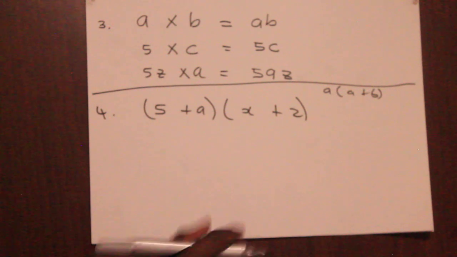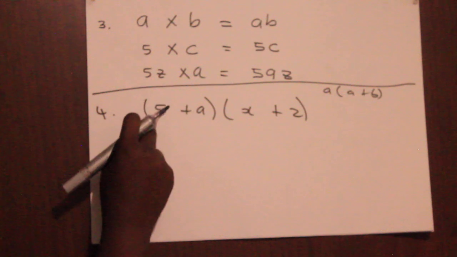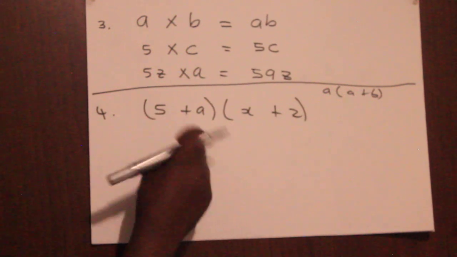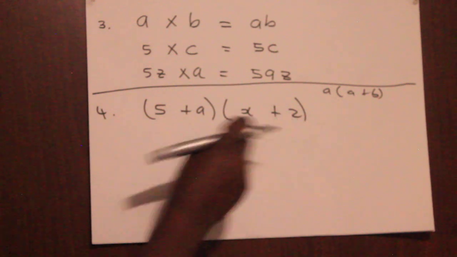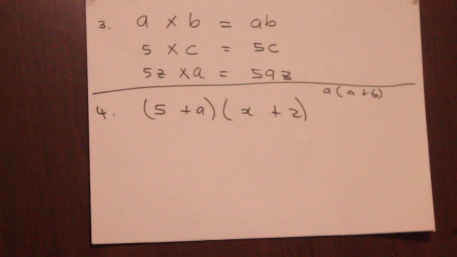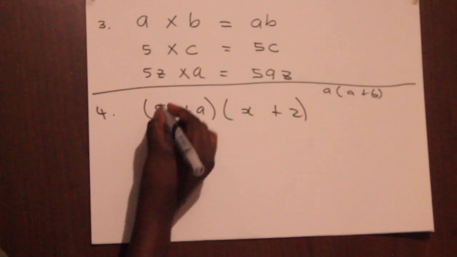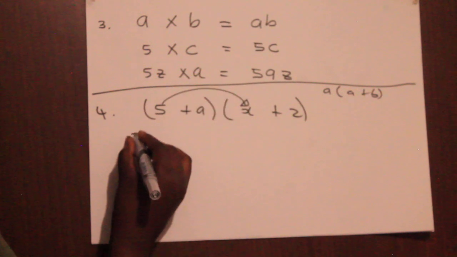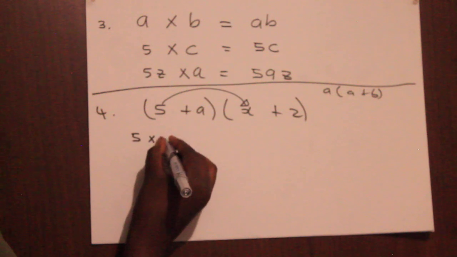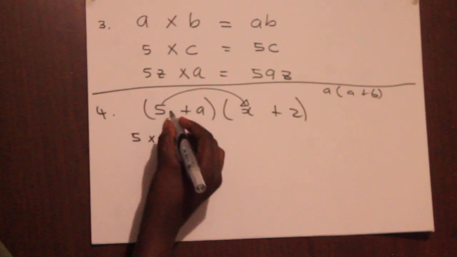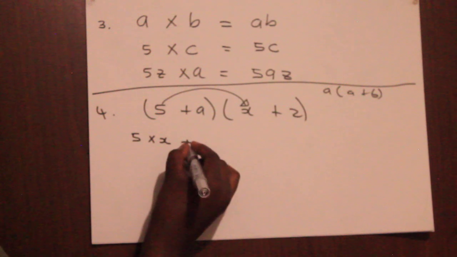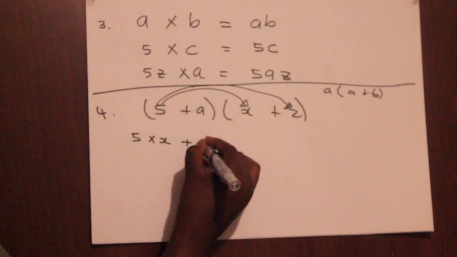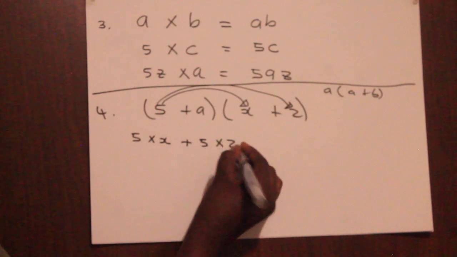So you multiply everything on this side by 5, and you multiply everything on this side also by A. So we have this guy multiplying this guy, giving us 5 times X. And then, keep the sign, plus this guy multiplying again, 5 times 2.